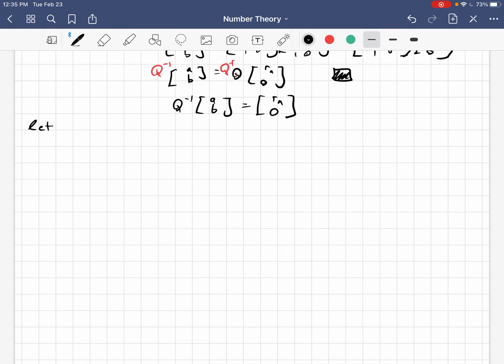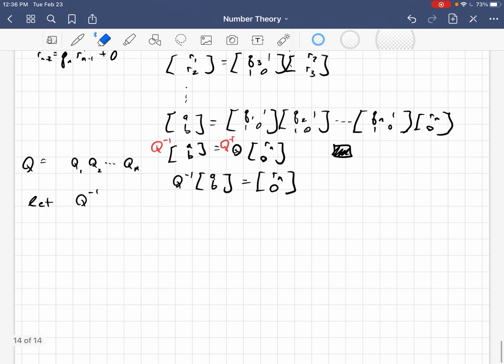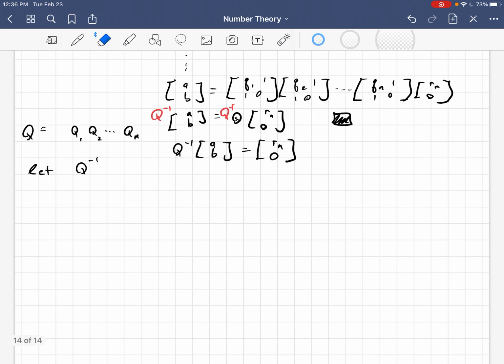And so let's say Q inverse now, and notice that, originally if Q is the product Q1 times Q2 times Q3 up to Qn, and actually we don't need the Q naught here. And Q inverse is the opposite of that, and matrix multiplication is not commutative, so you have to be careful here.